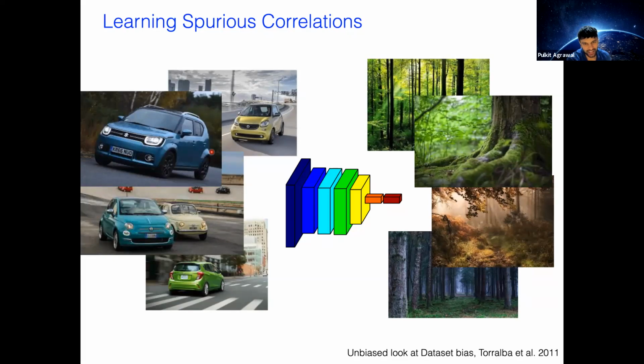Turned out that all the tank images they had were from day, and all the non-tank images they had were from night, right? And then you probably know what happened once they tried deploying that model. When the US military tried deploying that model, it completely failed, right? So this is a real problem.